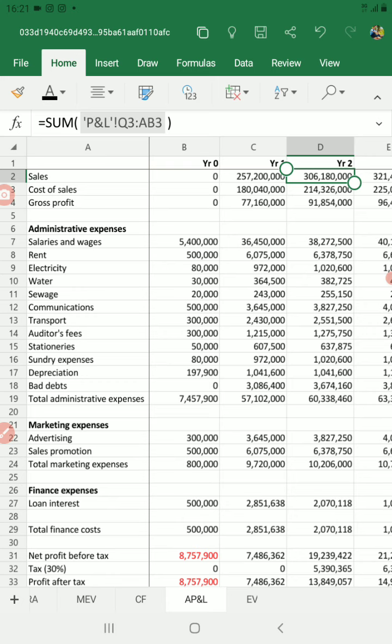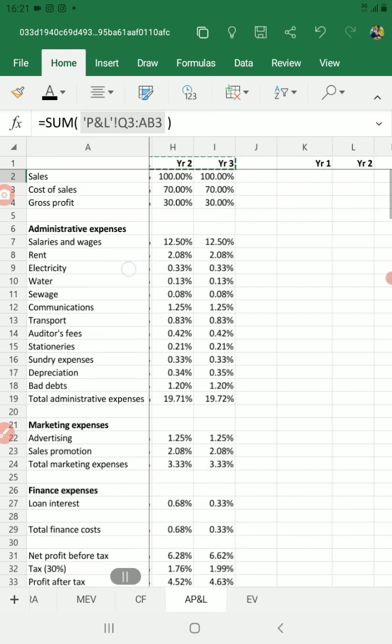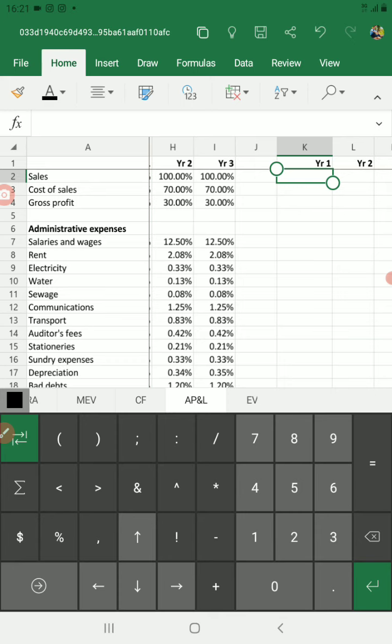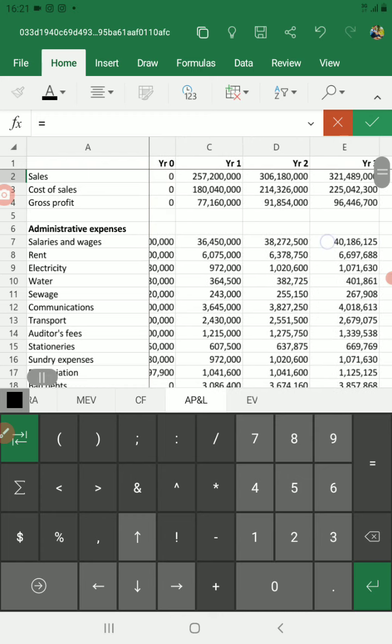So we just look for the absolute figure, the difference. In that case, let me start with the formula here. Start with equal sign. So we are going to compare, starting with year one here with itself.